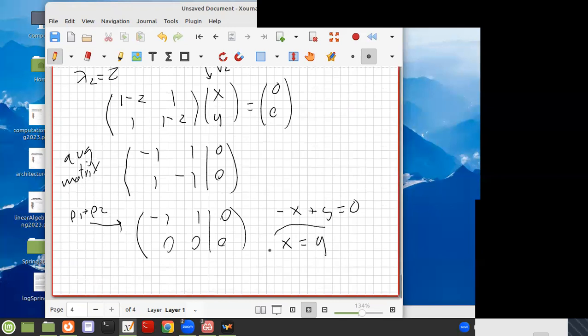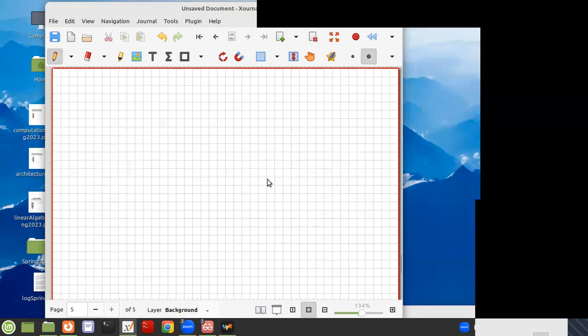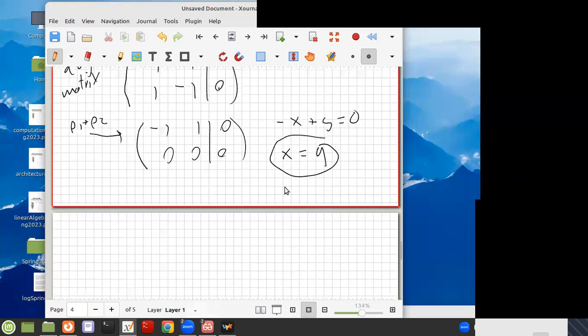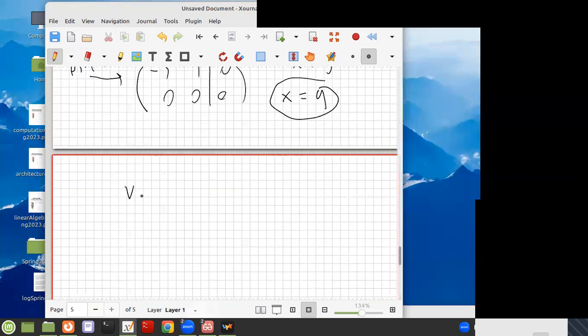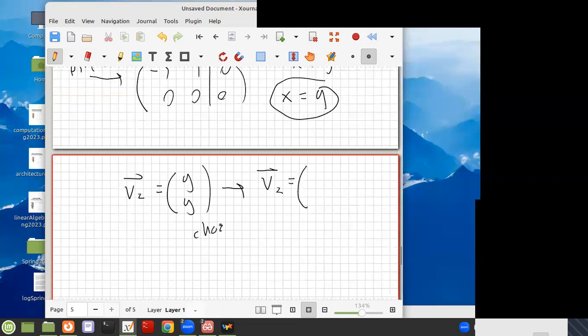So x equals y is the condition. Therefore V2, with y chosen as 1, equals (1, 1).